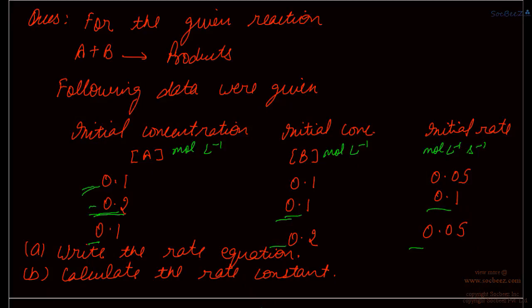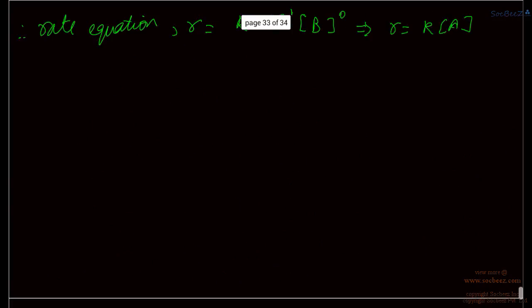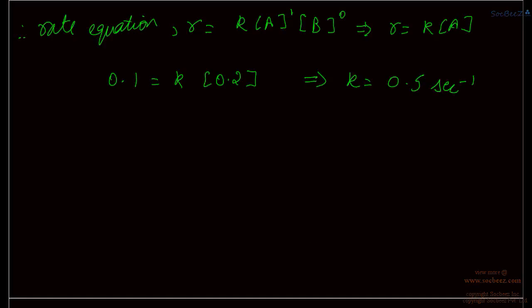We can observe any of the values. So let's take this middle value. So from here, we can write rate as 0.1 equals K into 0.2. So from here, the value of K is 0.5 per second.